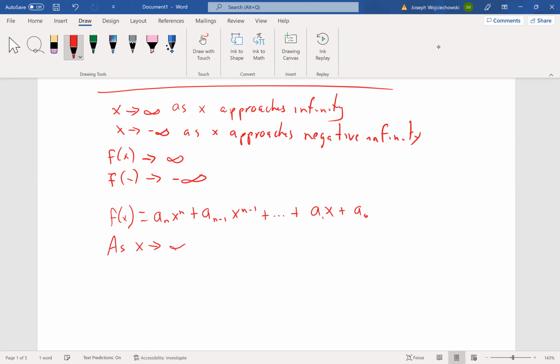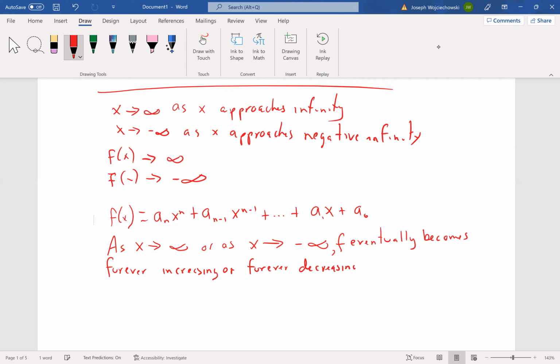As x approaches infinity, or as x approaches negative infinity, f eventually becomes forever increasing or forever decreasing.